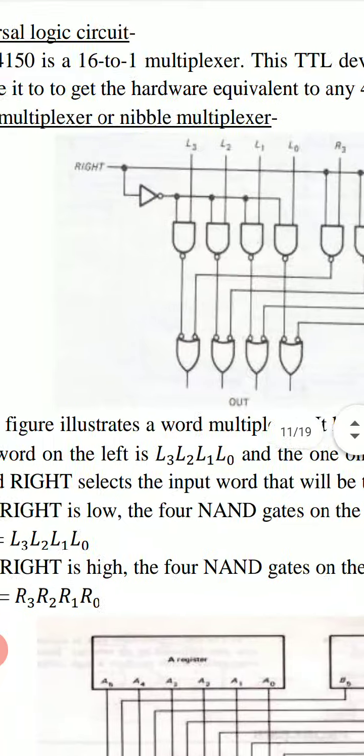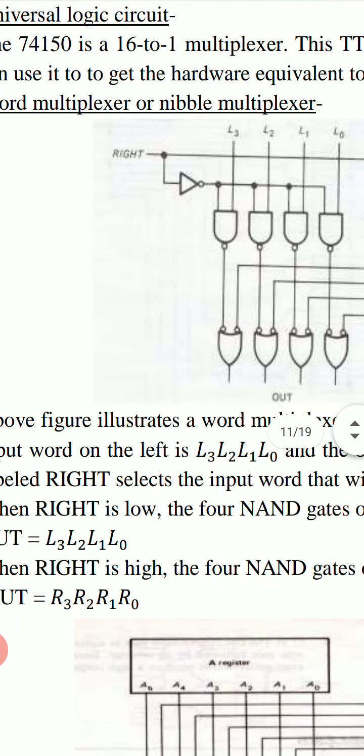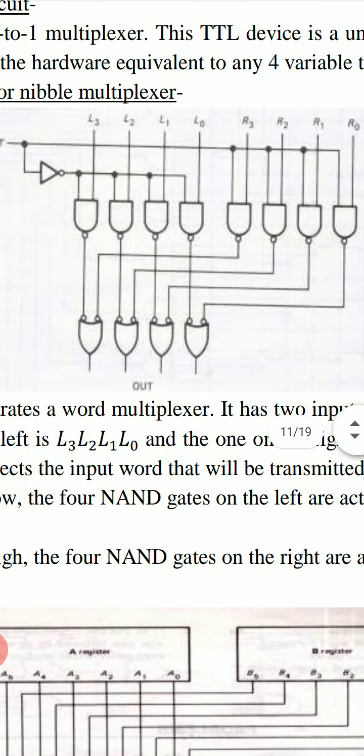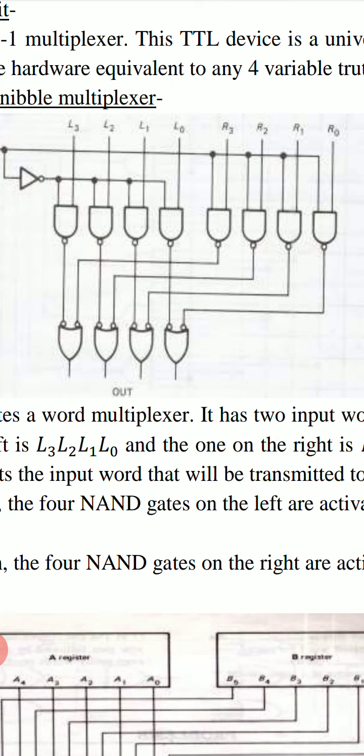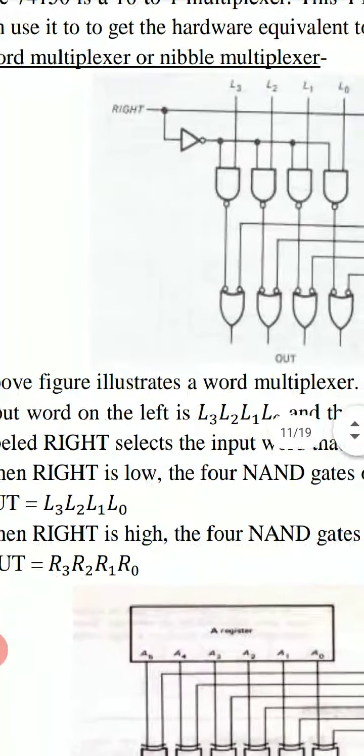This type of circuit is known as a word multiplexer or nibble multiplexer. These two words are two nibbles, left word and right word, L3, L2, L1, L0, or R3, R2, R1, R0. Nibble means a string of 4 bits. So this is a word multiplexer or nibble multiplexer.